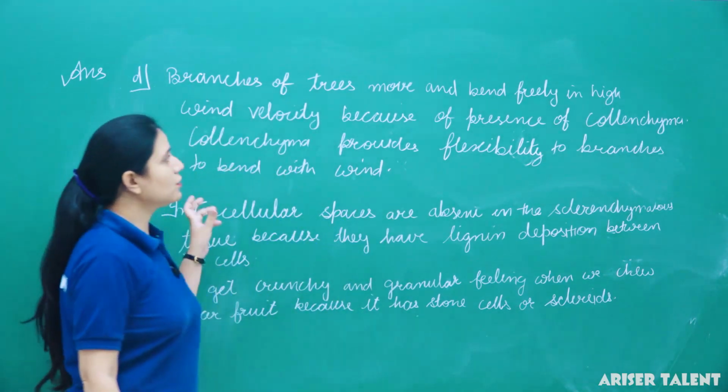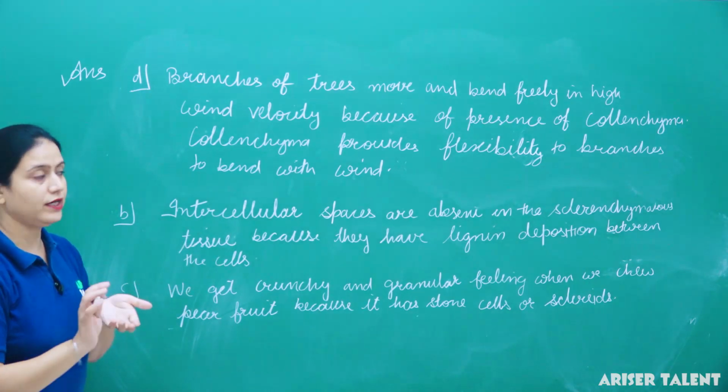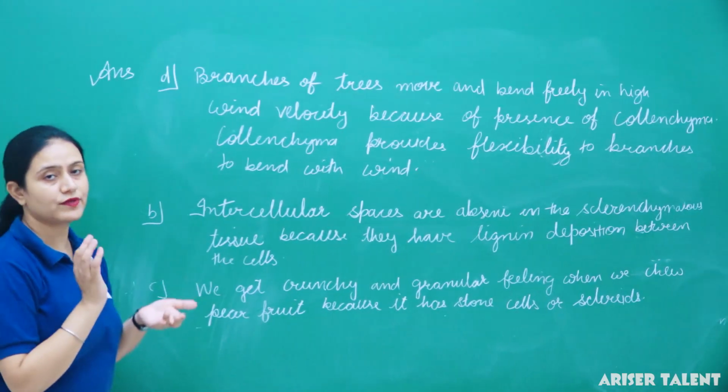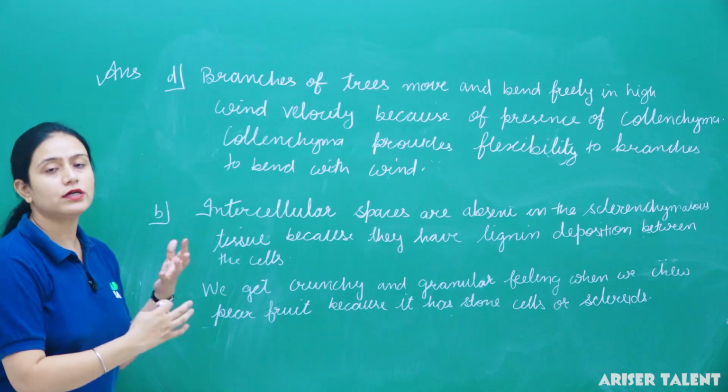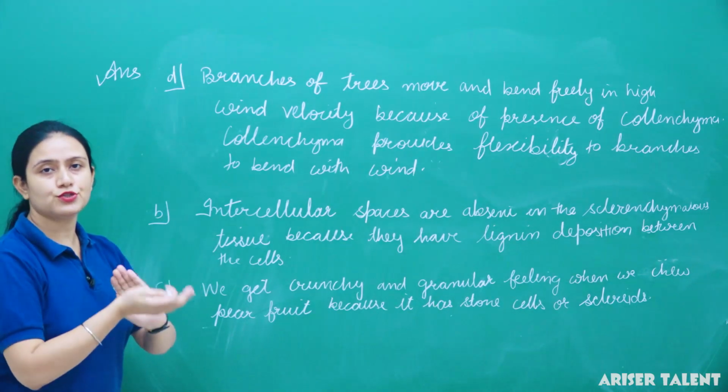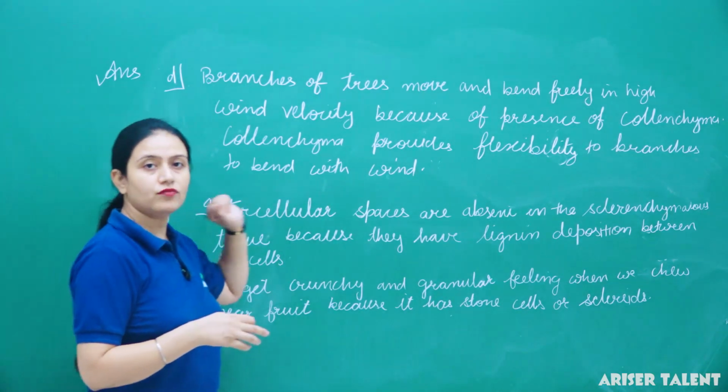Okay, branches of trees move and bend freely in high wind velocity because of presence of chlorenchyma, because chlorenchyma provides them flexibility to bend with the velocity of wind. Clear?